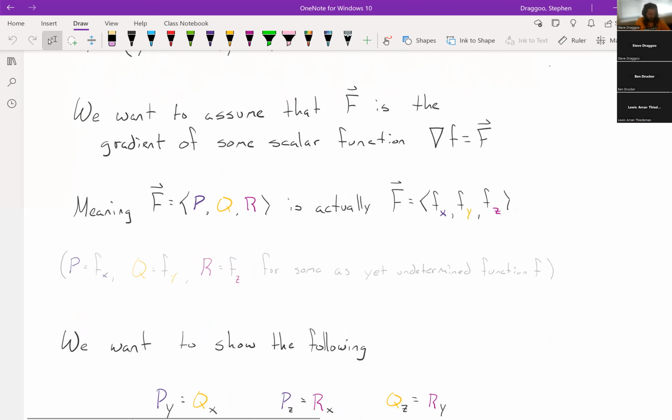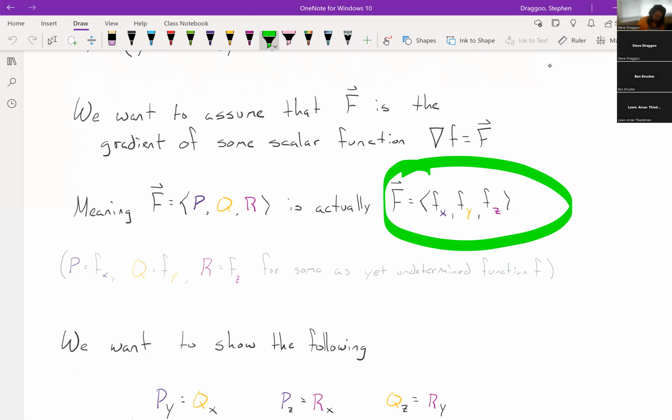So we want F to be the gradient of some scalar function f. Meaning when we say F is PQR, what we're really trying to say is that big capital F, the vector field, is the x partial of f, then the y partial of f, then the z partial of f. Right? They're all in the little f. I'm looking at this guy right here.